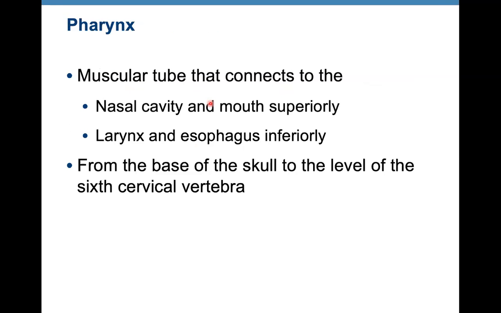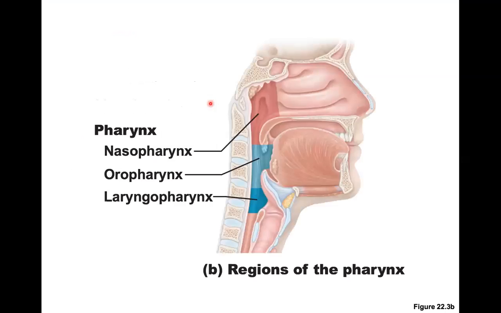The pharynx is a muscular tube that will connect the nasal cavity and the mouth superiorly, and the larynx and the esophagus inferiorly. The larynx will be continuous with the trachea. So the pharynx is actually going to be a shared tube between the respiratory and the digestive systems. However, the part that's up behind the nasal cavity, the nasopharynx, is strictly for respiratory functions.